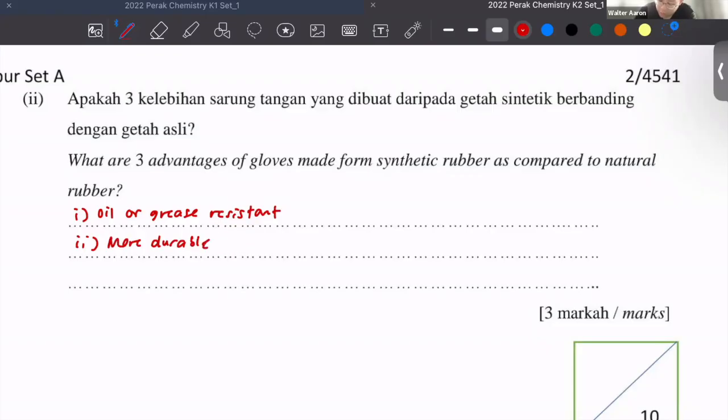You can put durable, you can put more elastic. You can also say that it is heat resistant, and also chemical resistant. Any one of these answers can be used. As long as you get it correct, you should be able to score 3 marks. And then the total for this question will be 10 marks.